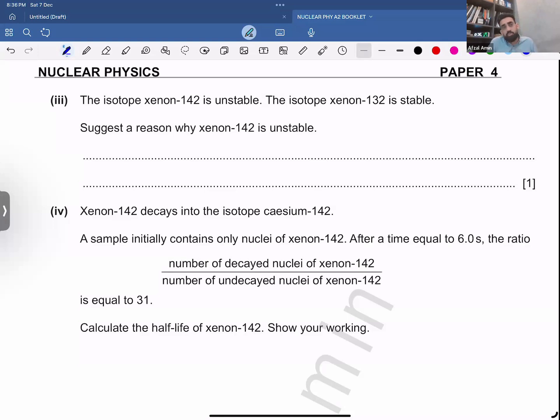The higher the neutron to proton ratio, the more the instability. When I taught you isotopes, I told you those isotopes which have more neutrons are more unstable, radioactive. So you can say greater number of neutrons or higher neutron to proton ratio, both answers will be correct.